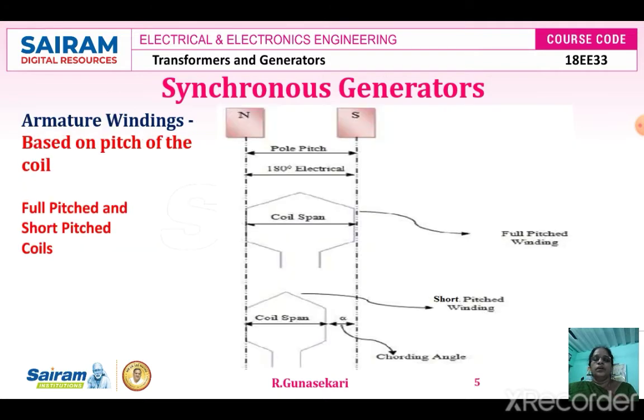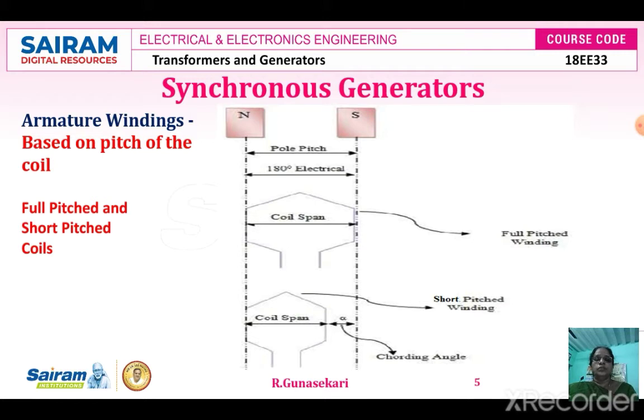Now we have studied how the armature windings are classified based on the pitch of the coil. Now you see the figure. From this figure you can clearly understand what full pitched winding and short pitched winding are. North pole and south pole are there. The distance between two adjacent poles is called the pole pitch, that is equal to 180 degrees electrical, which is represented in the figure.